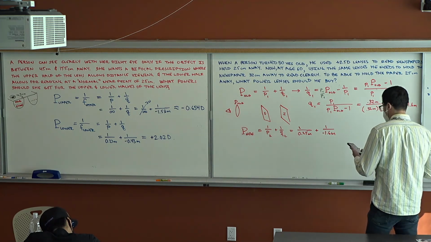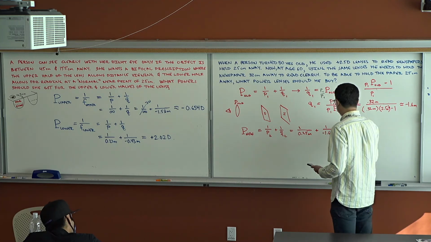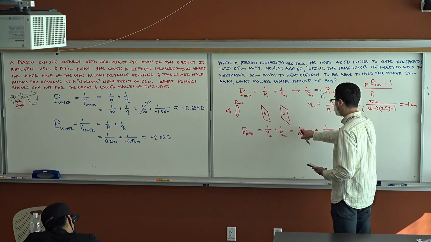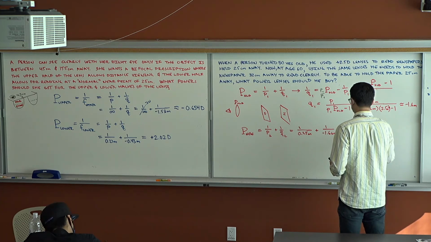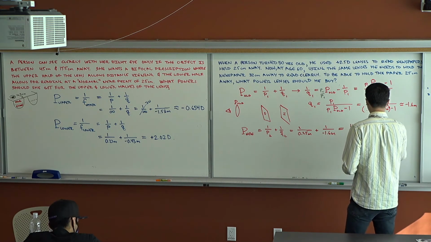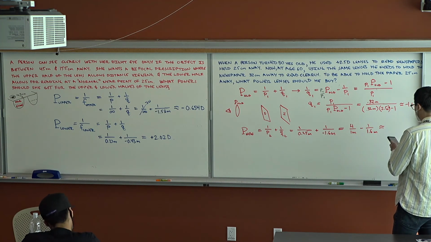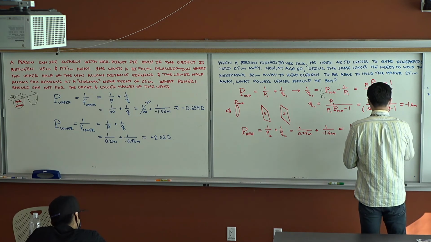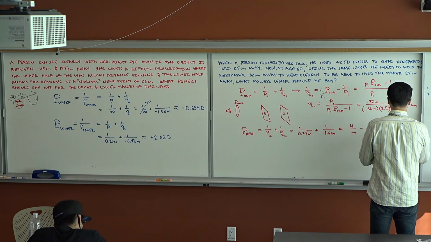And so this is 1 over 0.25 is 4. Minus 1 over 1.6 meters. Let's see what we got. Shift 1 over x plus 4 is about plus 3.375 diopters.